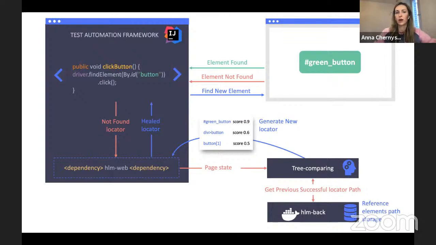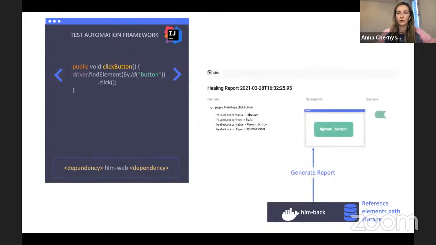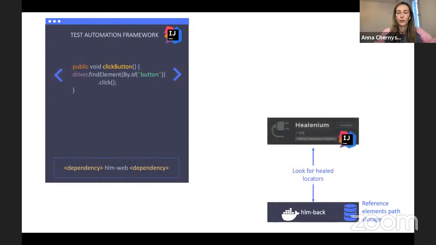So you don't need to rerun your tests, just try to find the element, and then Helenium will do all the work. After the test run, a report will be generated with information about the failed locator, healed locator, and screenshot. And after this, using the IntelliJ IDEA plugin, you can update your code base, select which locator you want to update it to, and just have a new locator in the code.